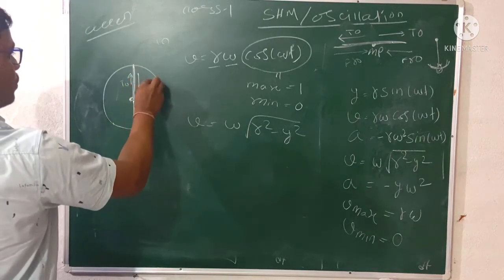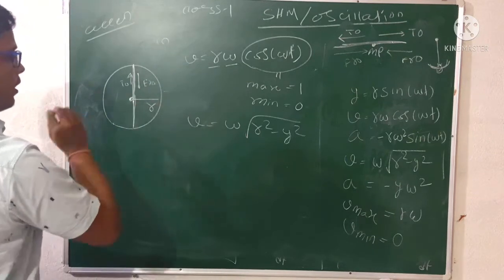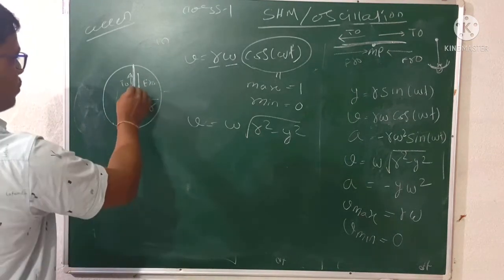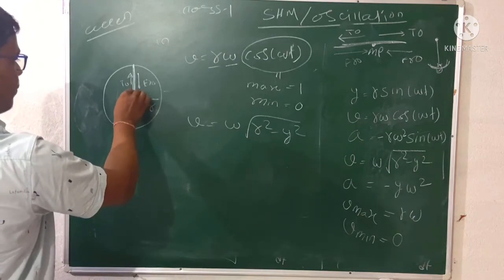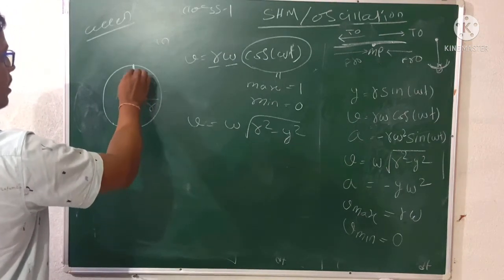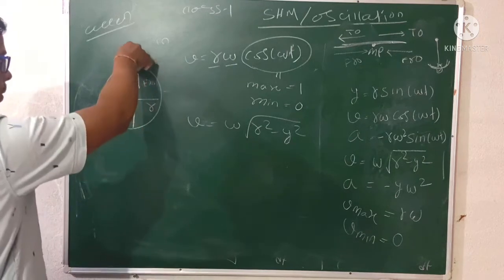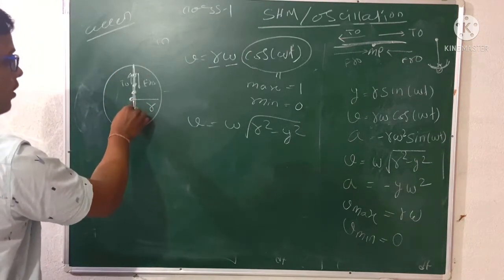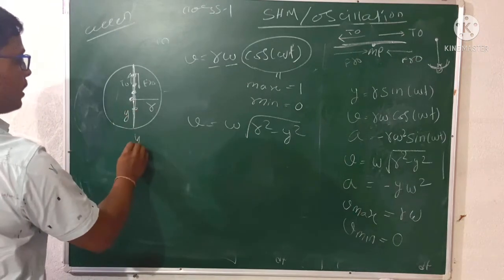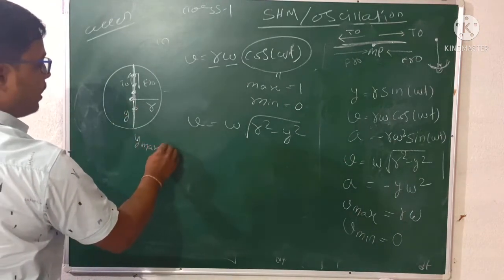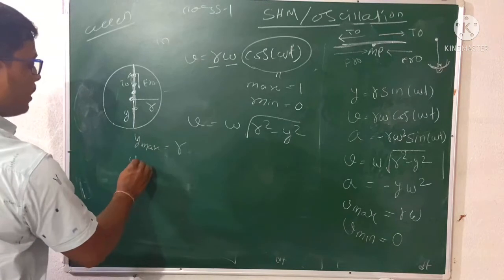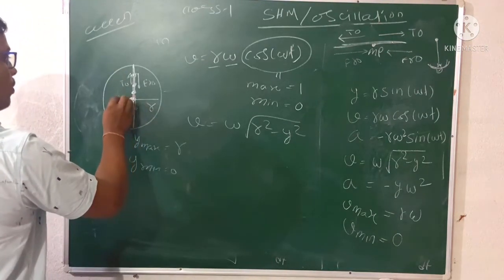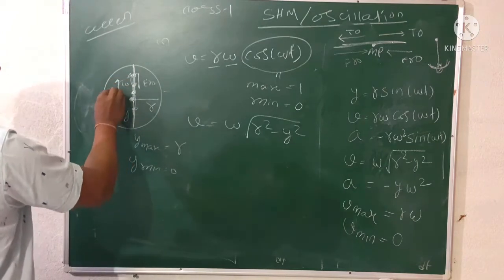This is the radius and this is the position y at any instant of time. Suppose after 2 seconds it is here, after 3 seconds here, after 4 seconds here, then in 5 seconds it returns, then in 6 seconds it comes here. So y maximum will be r, and y minimum will be 0. That is, how far it goes from here is y.